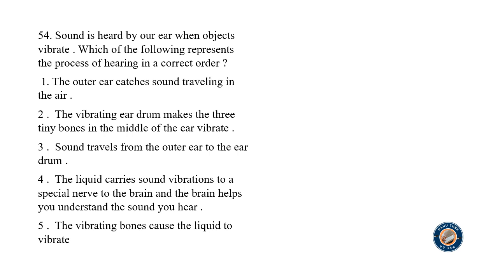Number 2, the vibrating eardrum makes the 3 tiny bones in the middle of the ear vibrate. Number 3, sound travels from the outer ear to the eardrum. Number 4, the liquid carries sound vibrations to a special nerve to the brain, and the brain helps you understand the sound you hear. And number 5, the vibrating bones cause the liquid to vibrate.